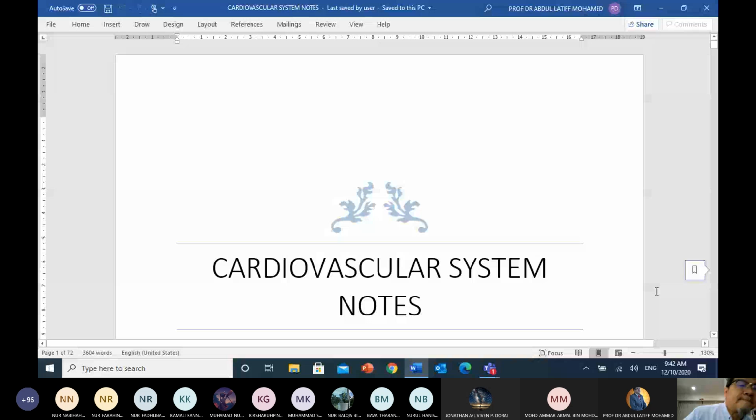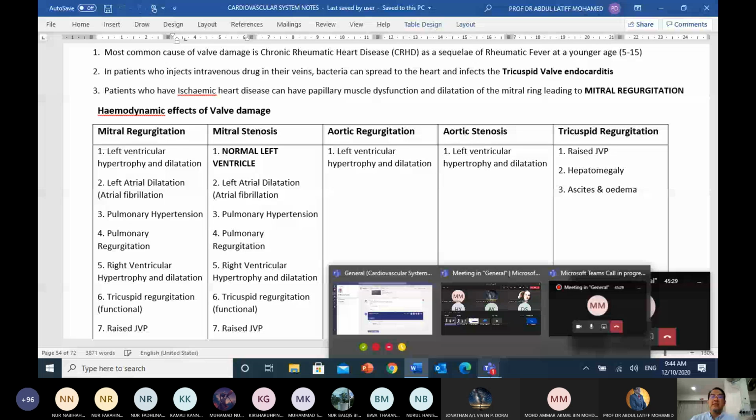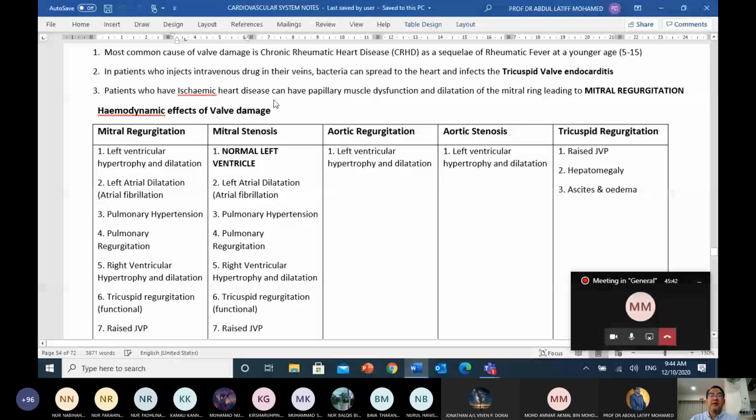In patients who inject intravenous drugs, they can spread infection through the heart and cause tricuspid endocarditis, usually causing tricuspid regurgitation. Okay? Patients who have ischemic heart disease, number 3, can also have papillary muscle dysfunction and dilatation of the mitral valve, leading to mitral regurgitation.